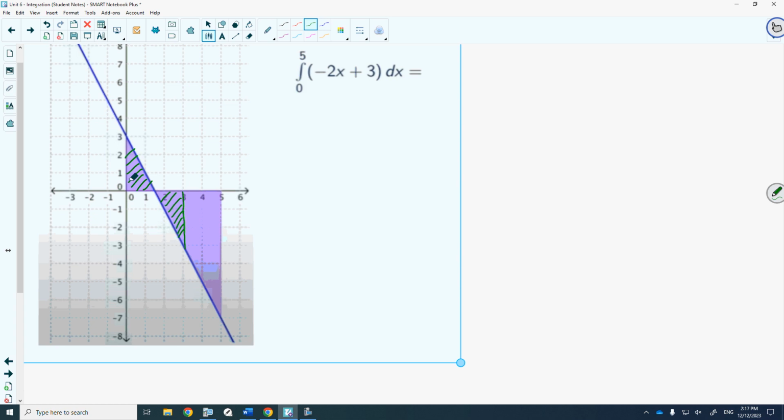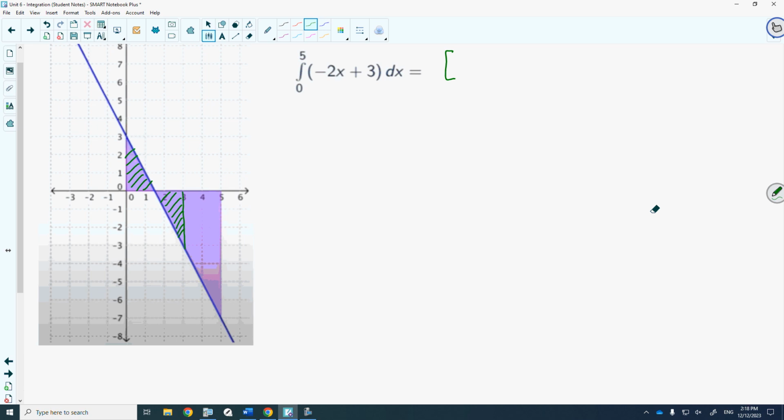This area will be positive, this area will be negative, they will cancel. Overall, we're going to have a net negative area for this. So the antiderivative is negative x squared plus 3x, and the integral is from 0 to 5.